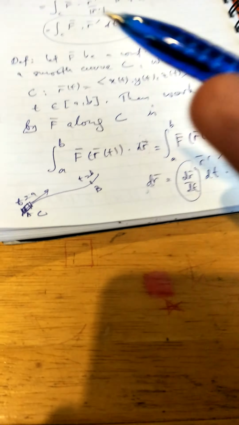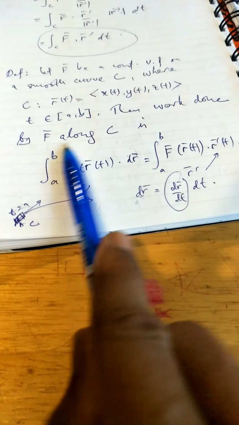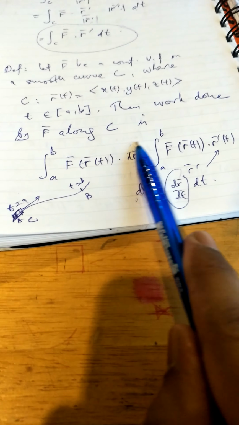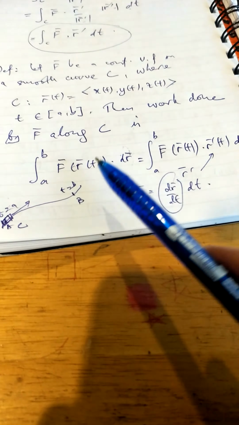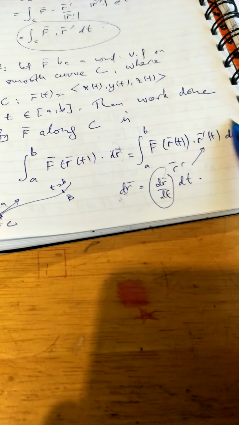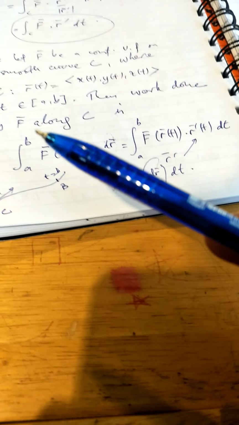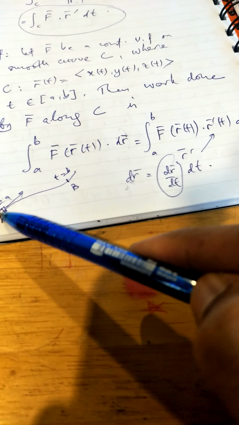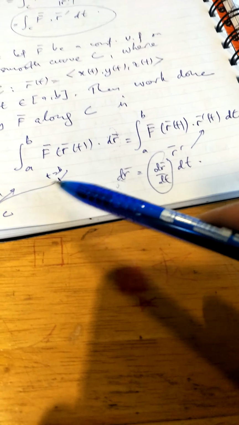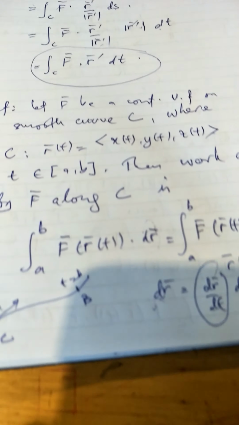We know that the work is defined as that, and how to evaluate it is given by those definitions. So the question is how to find the work when we pull the object from point A to point B using the constant force. That's basically what we are looking for.